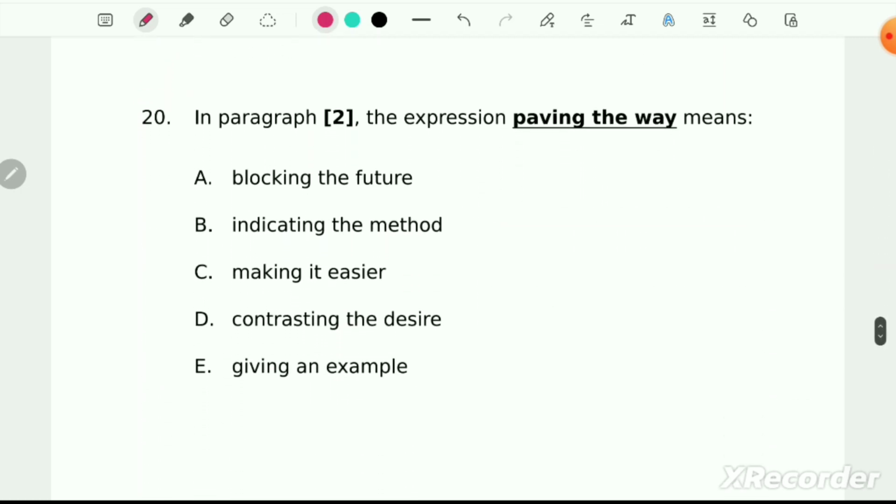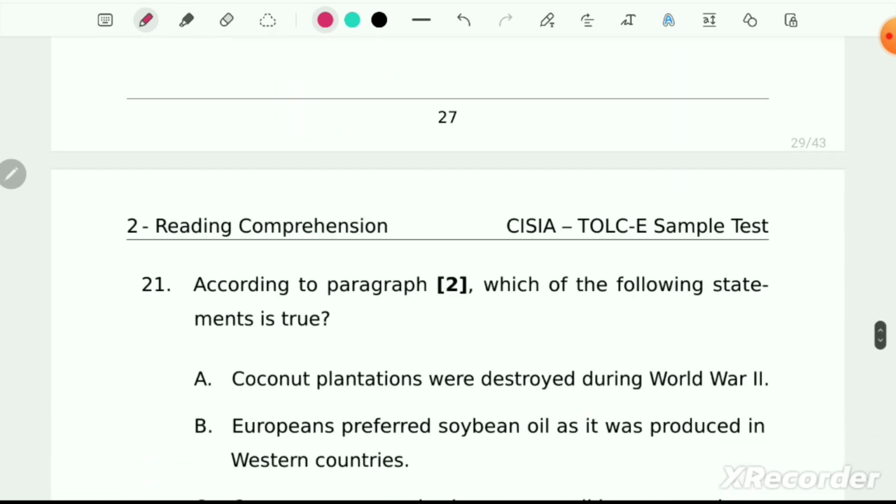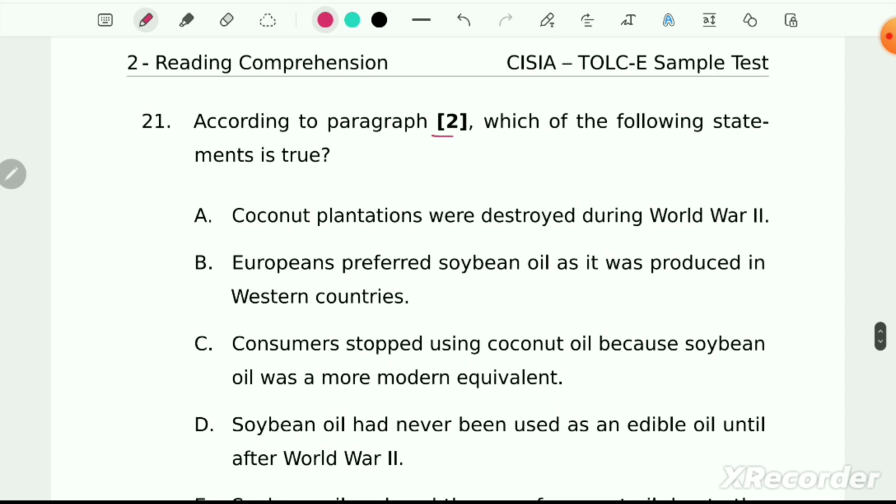Let's see the others. In paragraph 2, the expression paving the way means, so it's mentioned in paragraph 2, so we can directly go to paragraph 2 to find the answer to this particular question. Some of you may not know the meaning of paving the way, but you have to understand from the context. Let's move on to the next. According to paragraph 2, which of the following statements is true?